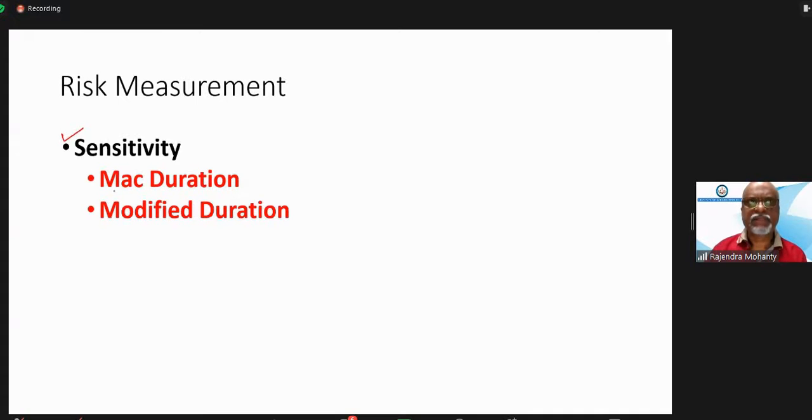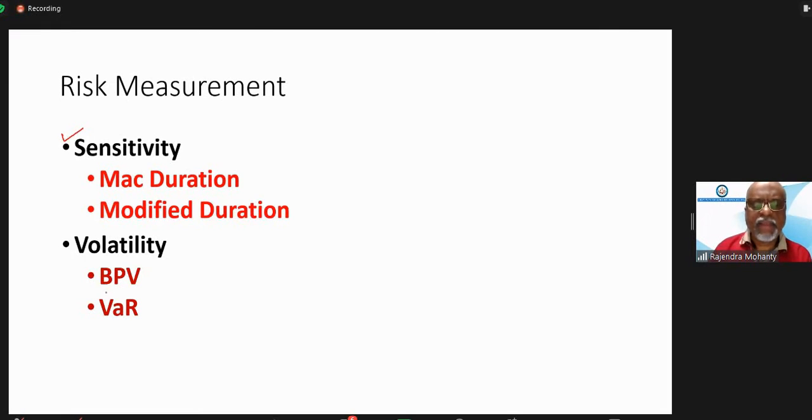the sensitivity method. I am just showing this, then I will explain each one by one. The first method is the sensitivity method, where two tools are used. One is called Macaulay duration, the second is called modified duration. Just remember this. The second method is the volatility method. Under the volatility method, we have two tools.